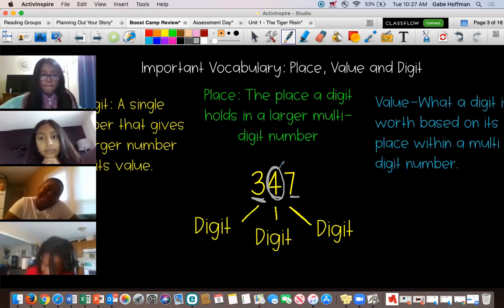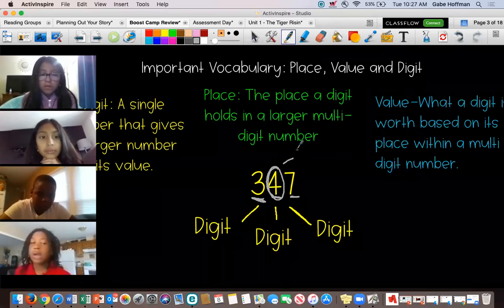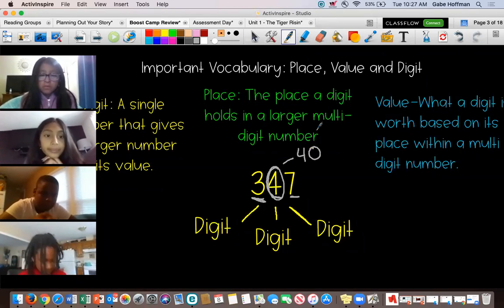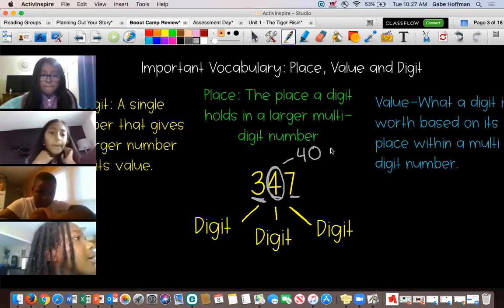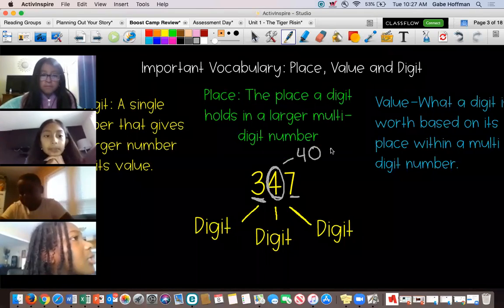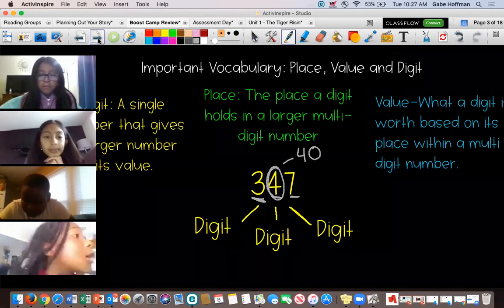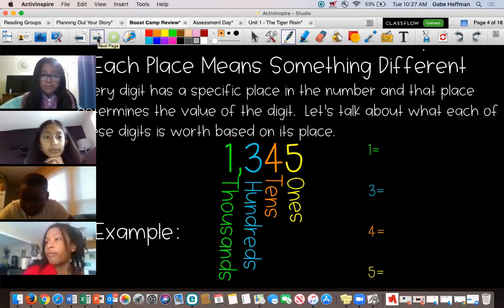So the value of 4 when it's in the tens place would be 40. So that no longer is just 4. Because it's in the tens place, the value is 40. And we're going to do some examples if that's still kind of confusing.